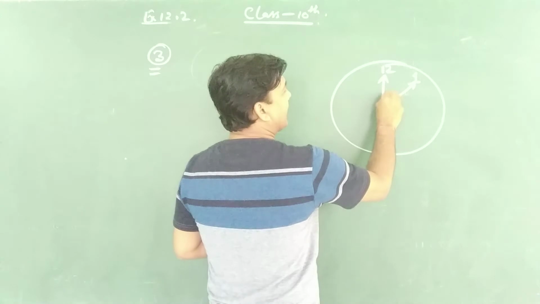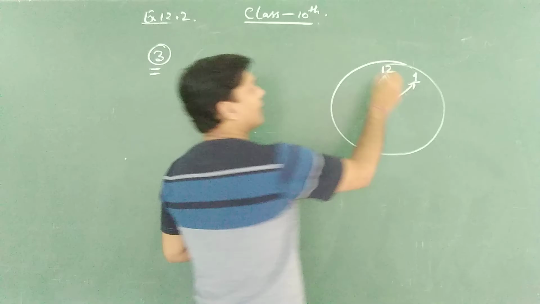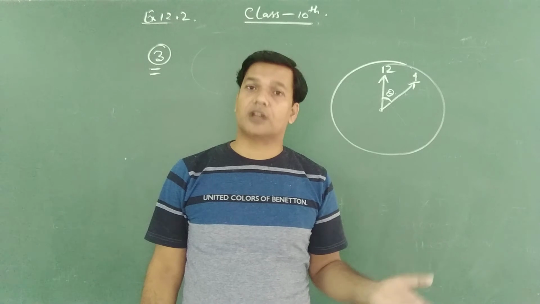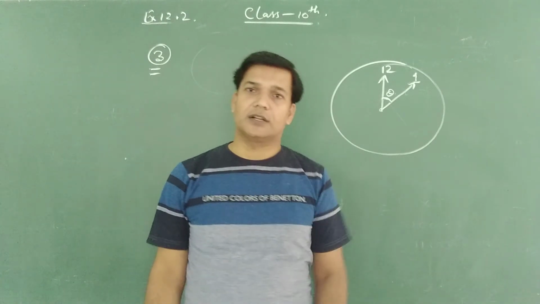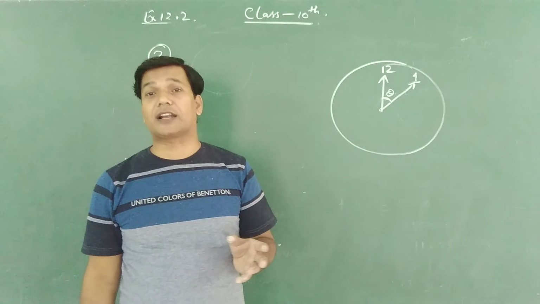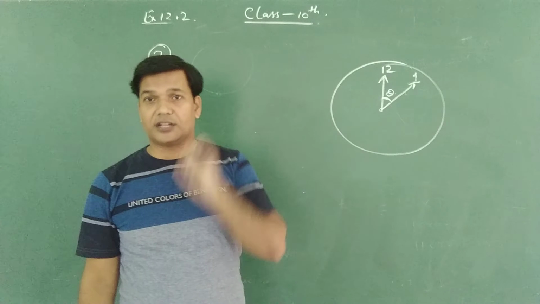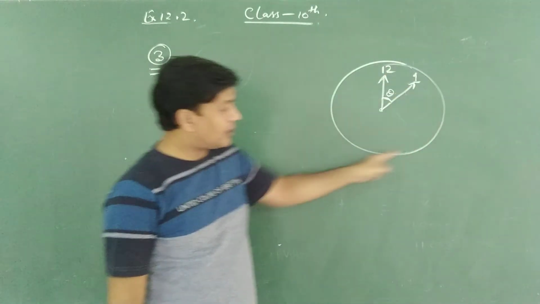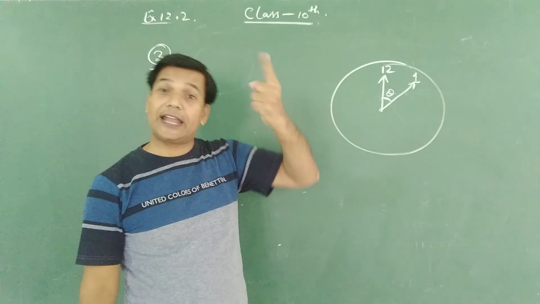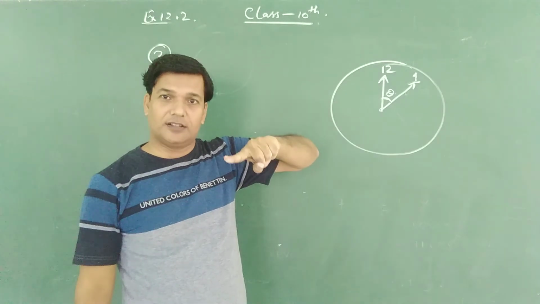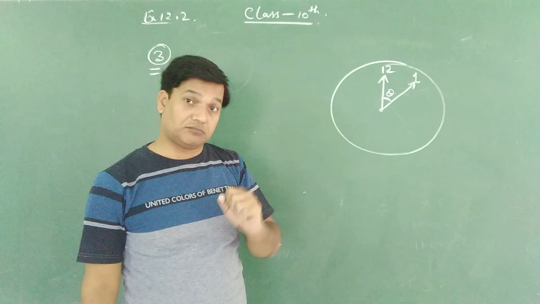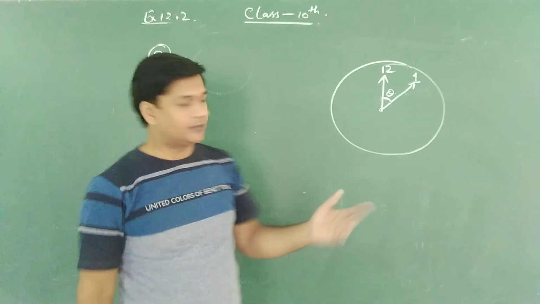Then what is the angle measurement of this angle, which is generated or swept by this minute hand? तो ये पता लगाने के लिए अपने को क्या करना है? Listen to me carefully. If this minute hand rotates once, एक चक्कर पूरा लगा ले, then what is the measurement of the total angle? 360 is the total angle.